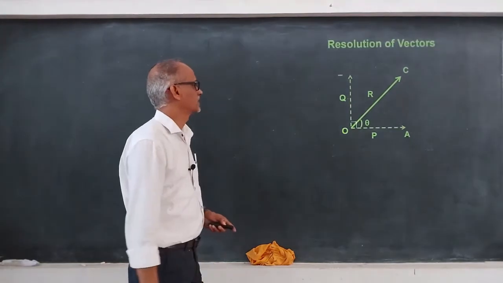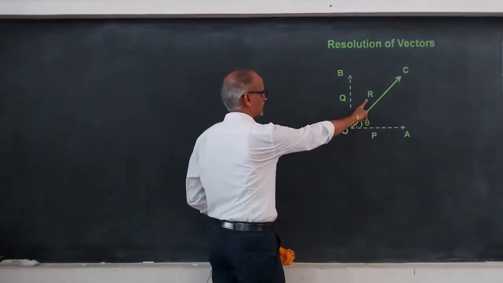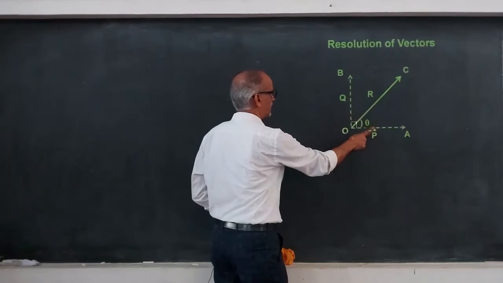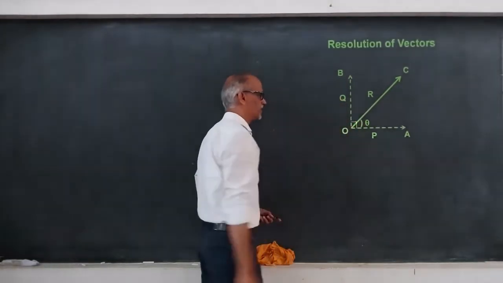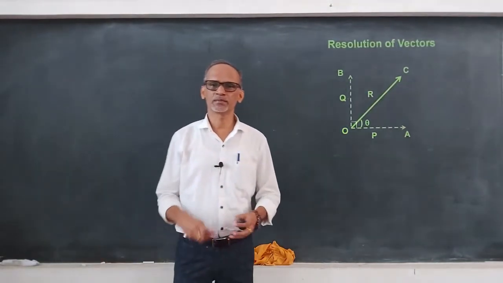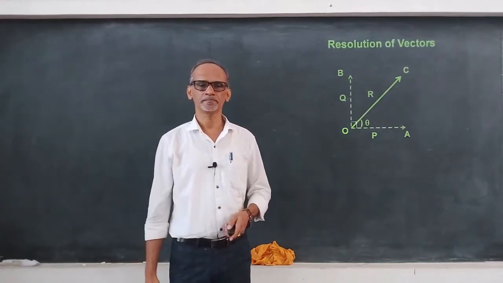And this vector is along OB. So R is the given vector, keep in mind, and we split this into two vectors P and Q, which are perpendicular to each other.